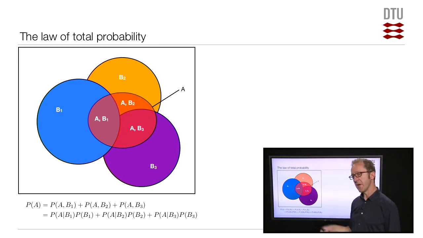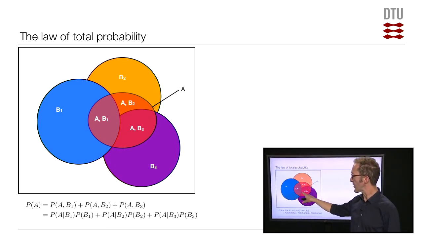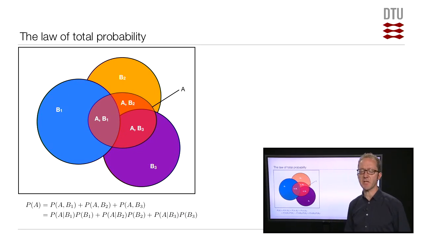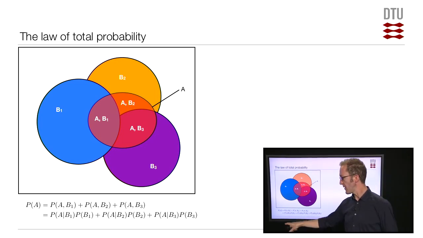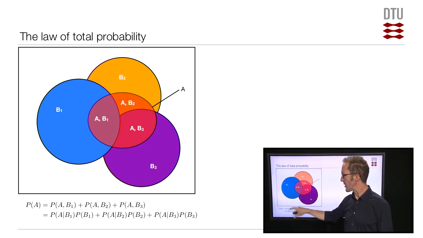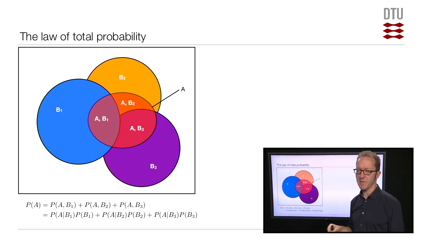You can see from the Venn diagram that the total probability of A can be expressed as the sum of these three intersections between A and B1, 2, and 3, respectively. So the total probability of A is the joint probability of A and B1 plus the joint probability of A and B2 plus the joint probability of A and B3.